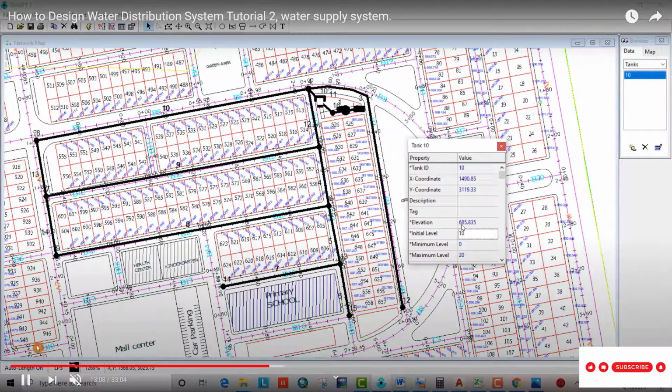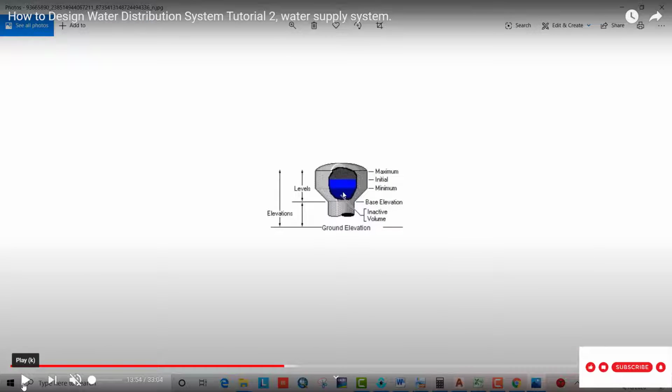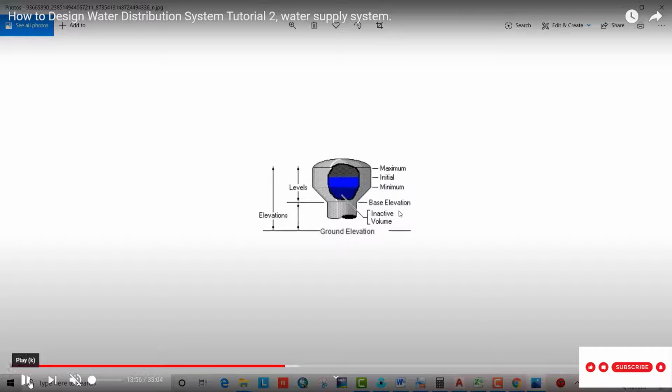You see, we have elevation. Elevation is the elevation of ground. We have initial level, minimum level, and maximum level. I try to explain what these levels are. Okay, you see ground elevation. We can find ground elevation from the map, and maximum level is the highest point of the tank which can store water. Initial level is a level between maximum and minimum level.